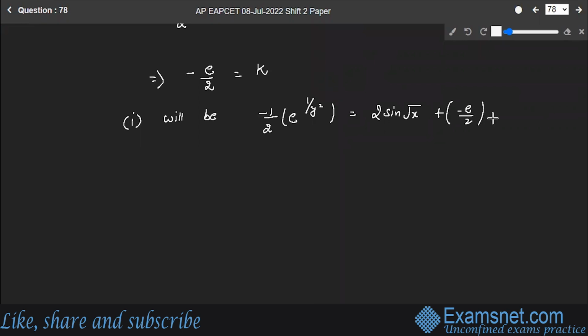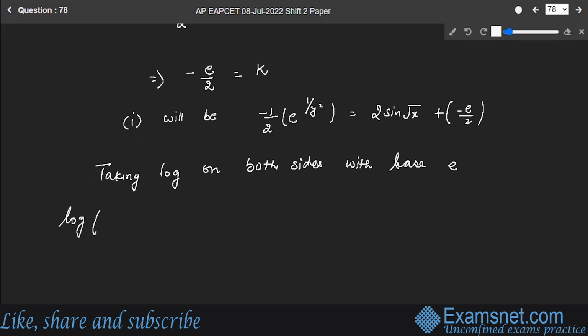Now, taking log on both sides with base e, this will be log of minus 1 by 2 e raised to power 1 by y² is equal to log of this whole thing, 2 sin √x minus e by 2.